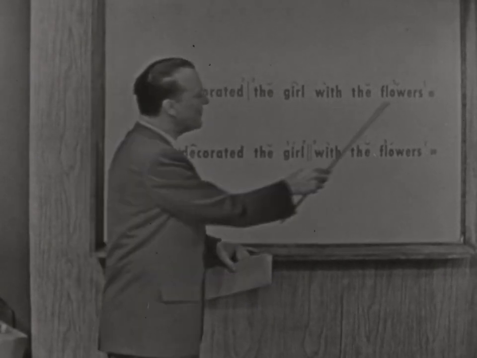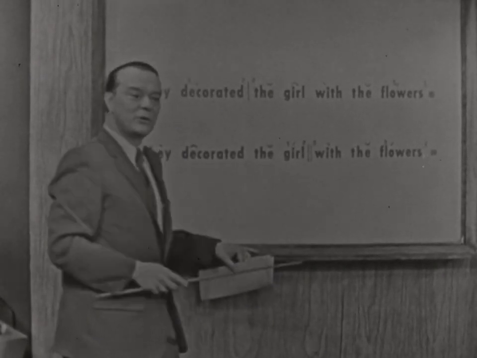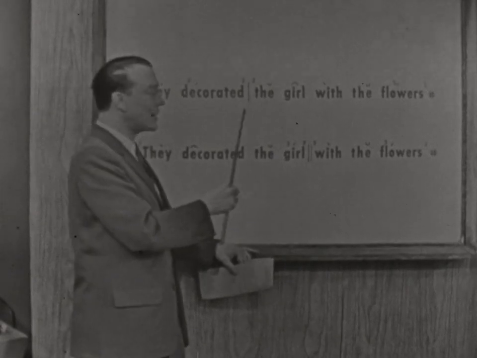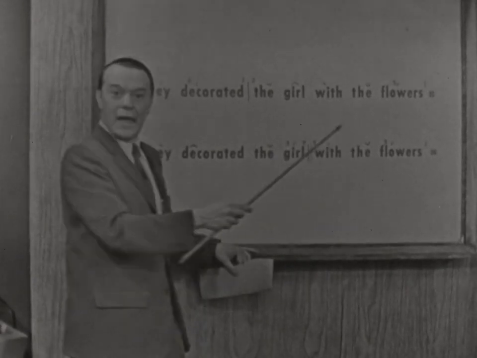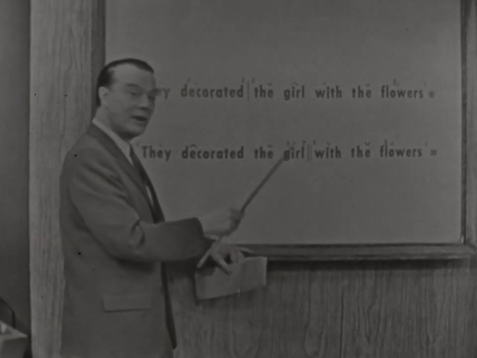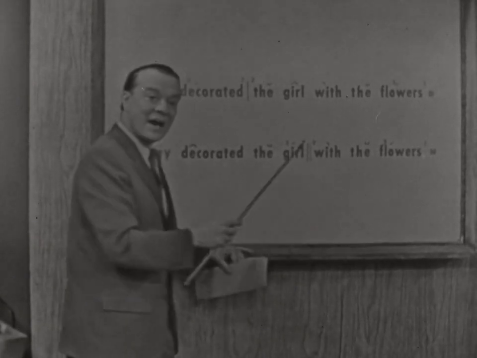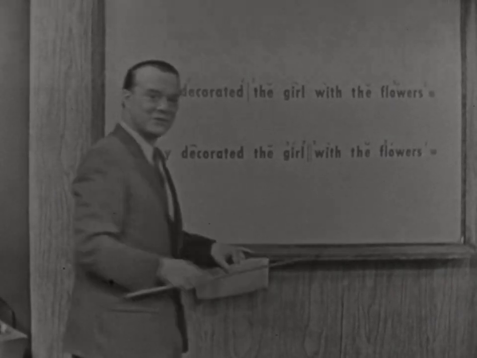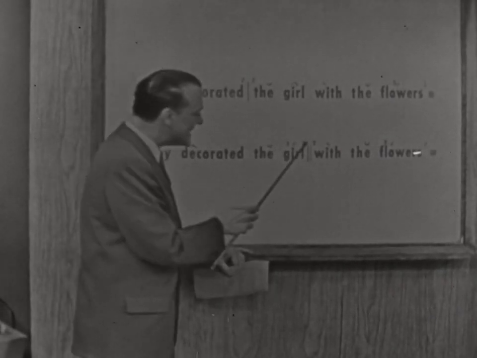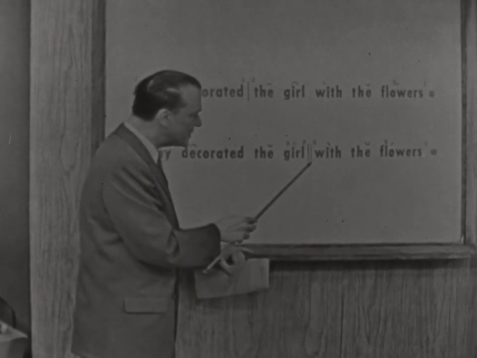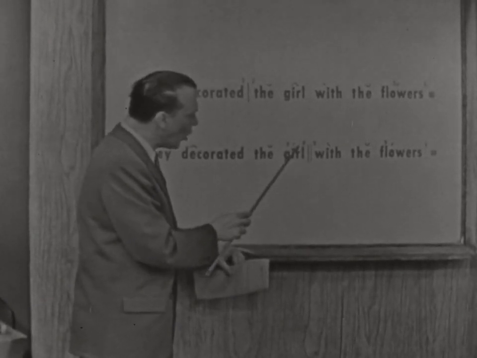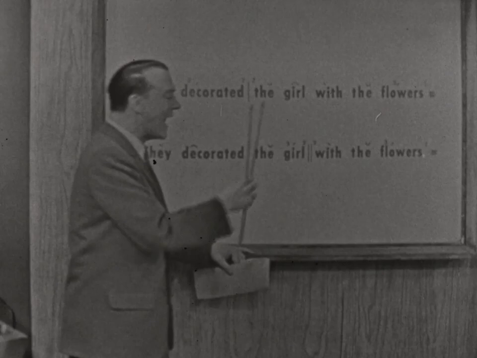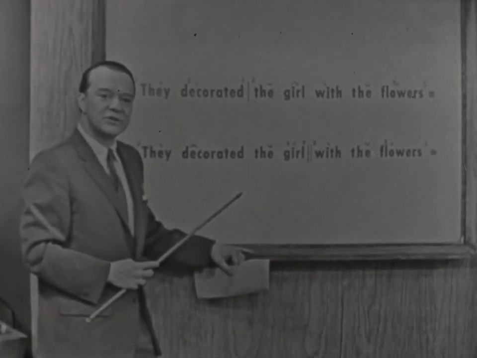It simply identified the girl as the one who already was equipped with flowers. They decorated the girl with the flowers, not the girl with the hat. But down here now, I have obviously said that the decoration of this girl goes on in terms of the flowers. And again, it is this particular intonation pattern, stopping here with double bar, going to 3 and 2, that tells me how these particular constituents of this sentence are set together.